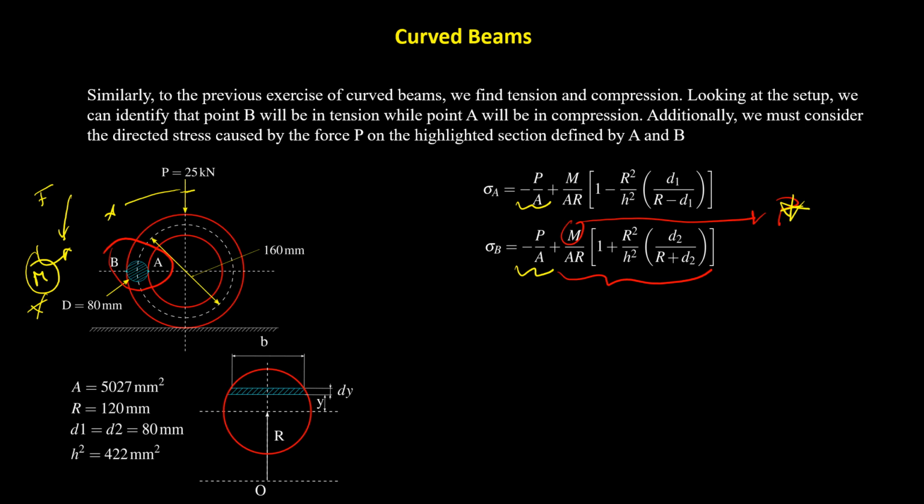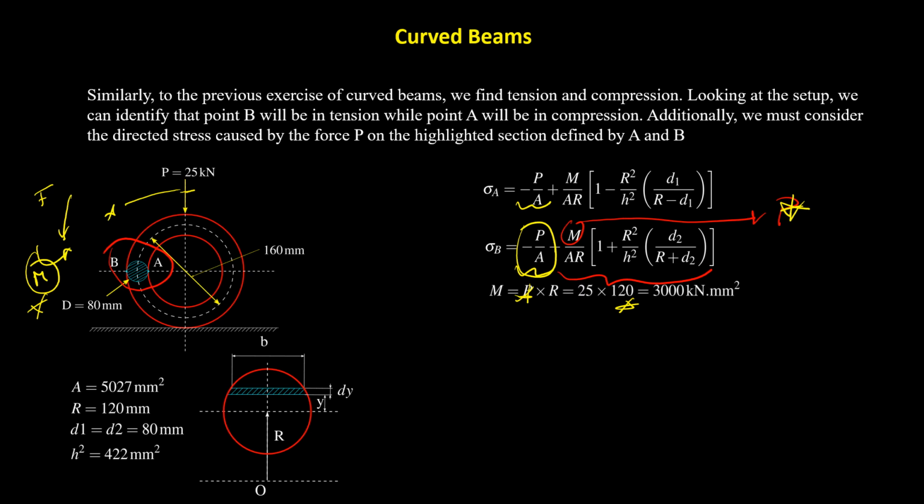I'm going to have a moment, and as the moment is applied on a round section, a curved section, I have to apply the Winkler-Bach theory. And also I have a straight force applied on the section that's also going to cause a stress. That's why these two terms are appearing here. So the appearance of this term doesn't have anything to do with the Winkler-Bach theory. It has to do with the fact that there is a stress caused by this force.